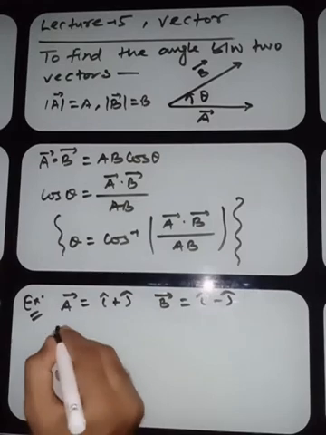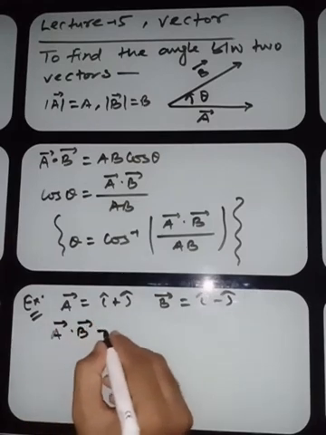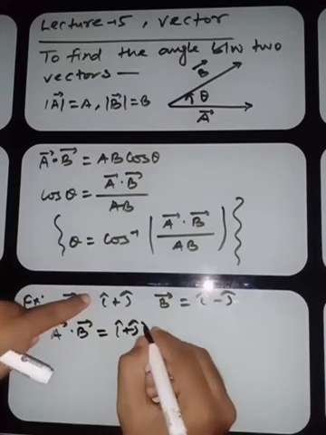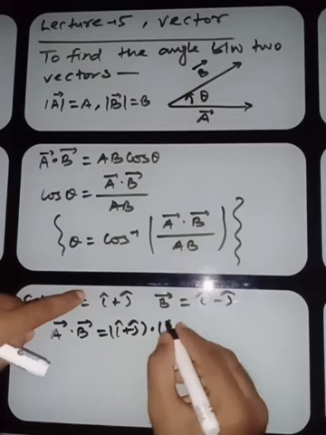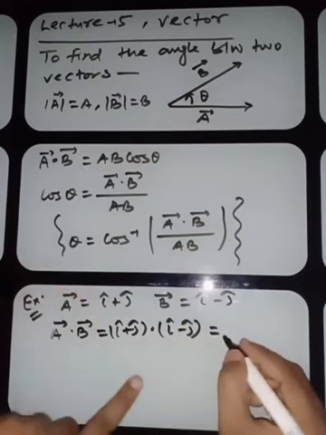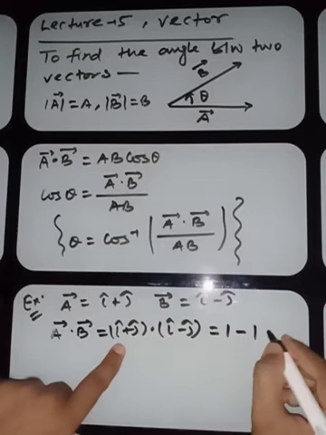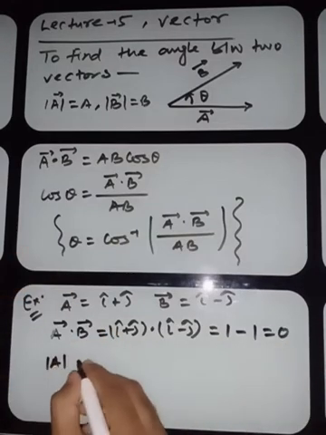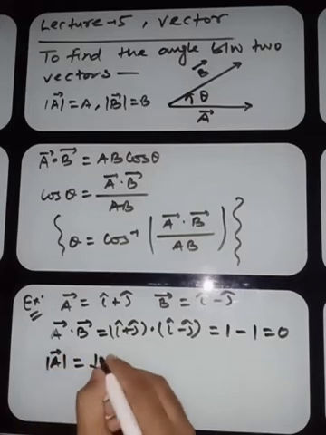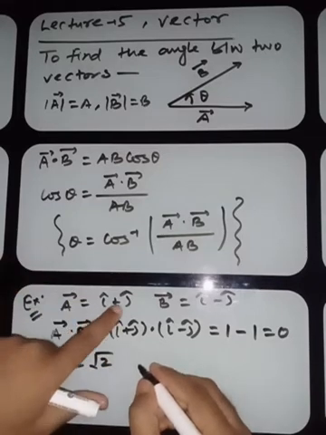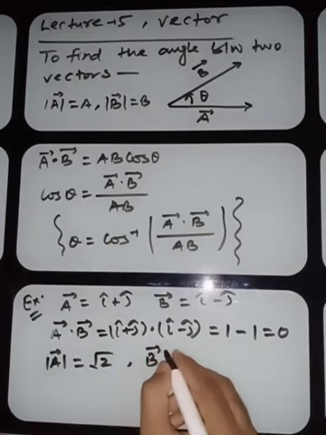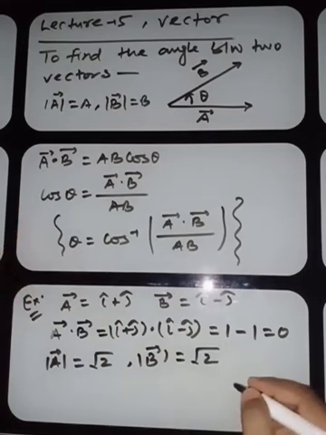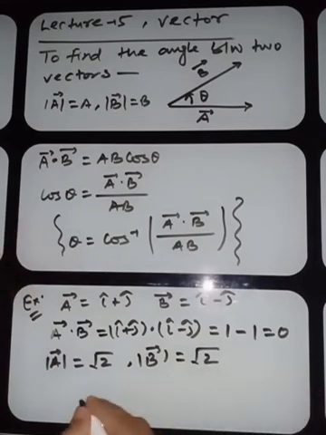So let me do the dot product A dot B, my dear student. It will be i plus j dot i minus j, which is 1 minus 1, which is 0. Now the mod of vector A will be root under 1 square plus 1 square, which is root 2, and the mod of vector B will again be root 2.